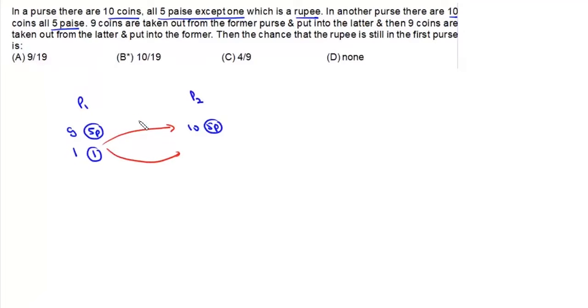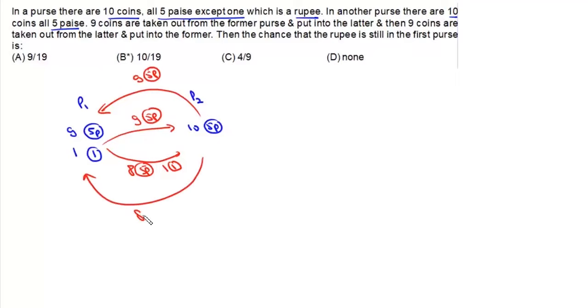Case 1, all the 9 are 5 paise coins, or there are 8 5 paise coins and 1 rupee coin. Now in the first case, since 1 rupee is already there in this purse 1, so we have to put any 9 5 paise coins. But in the second case, we have to put 8 5 paise coins along with 1 rupee coin.